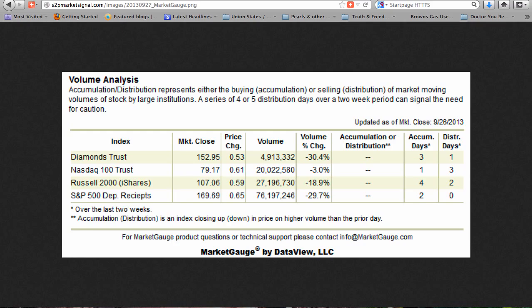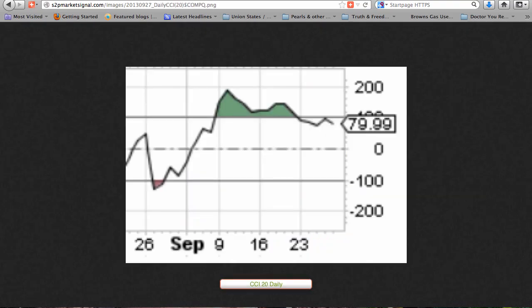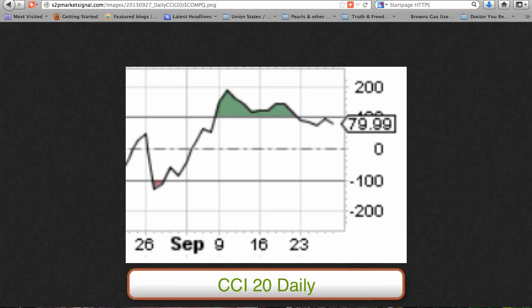Last week also, the Russell 2000 ended in neither accumulation nor distribution mode. The CCI 20 continues its 3rd week in a Woody's uptrend and remains outside the plus or minus 50 range for a valid zero-line reject signal. In Woody's CCI trading system, 6 consecutive bars above or below zero are required for a change of trend.